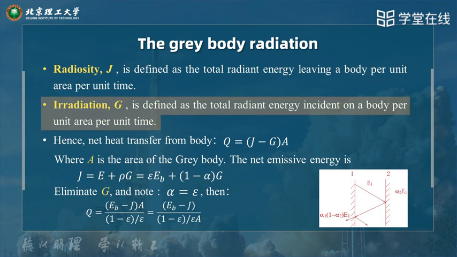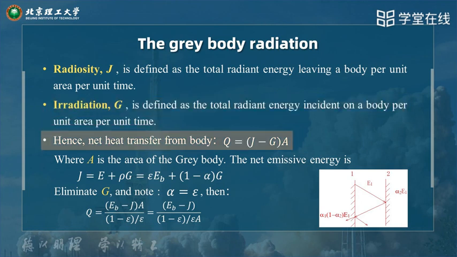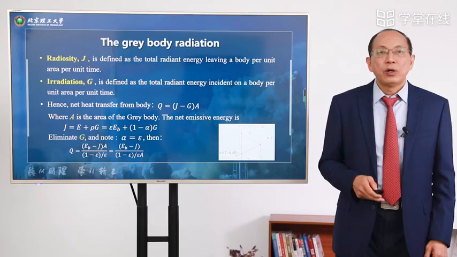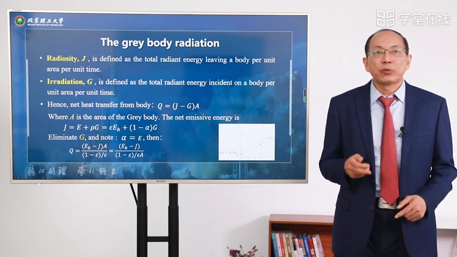Another definition is irradiation, capital G, defined as the total radiant energy incident on a body per unit area per unit time. Hence, the net heat transfer from the body, Q, equals J minus G times A, where A is the area of the gray body.